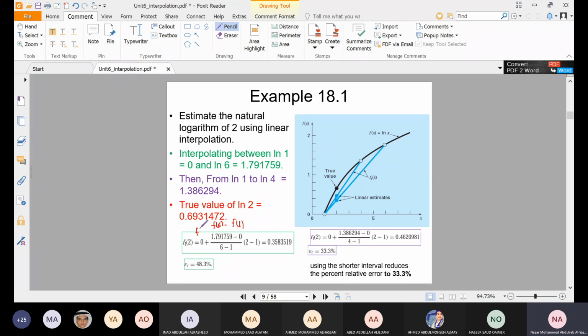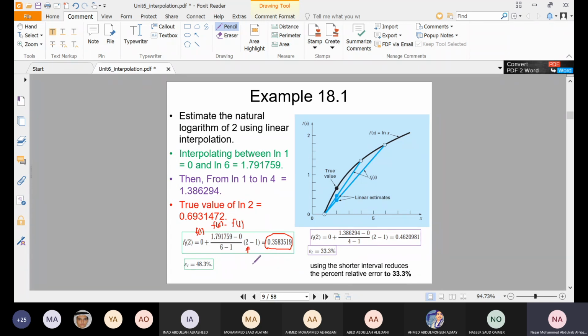This is f of 1, we call this x0. I have here x1 minus x0, so I have 6 minus 1. This is the point that I want to estimate the function at, minus x0 is 1. I will find the estimation of the function at x equal 2.